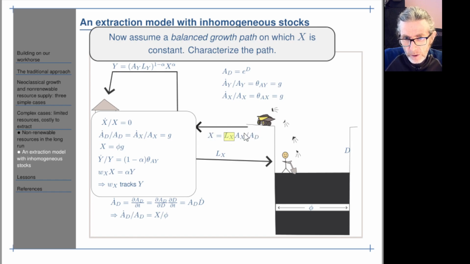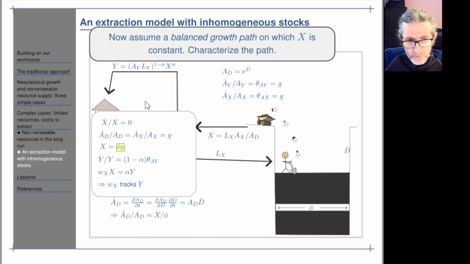Then the ratio will be constant. But A_x is growing at g, so A_D must also grow at g. That's this one. If A_D is growing at g, then x over phi equals g. x is phi times g. So that tells us the rate of extraction on this balanced growth path.